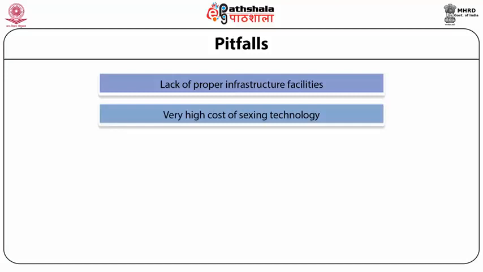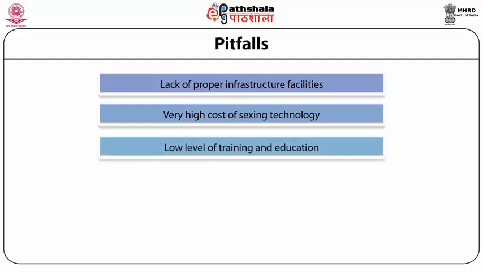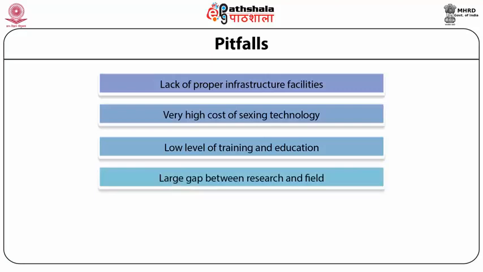The most commonly used technique, FACS, results in very costly X sperm or Y sperm. A low level of training and education also makes this technique inaccessible right now. And there is a large gap between research and field. In the laboratory, scientists claim big, but in the field, they actually don't yield the required results.